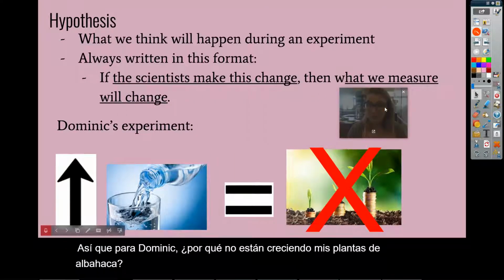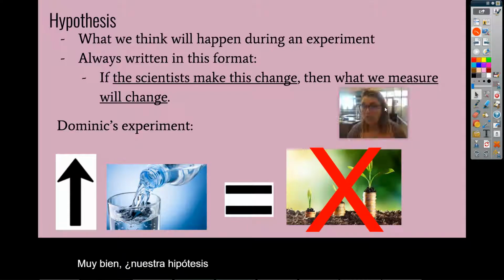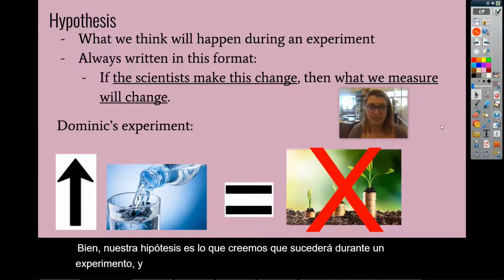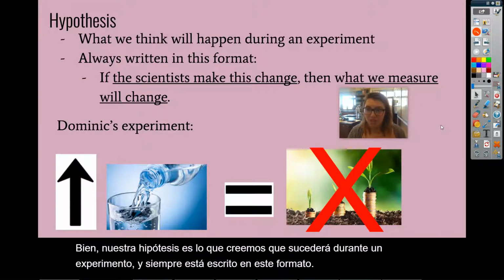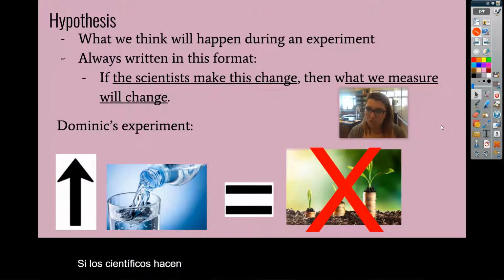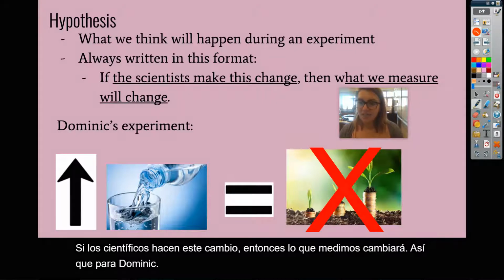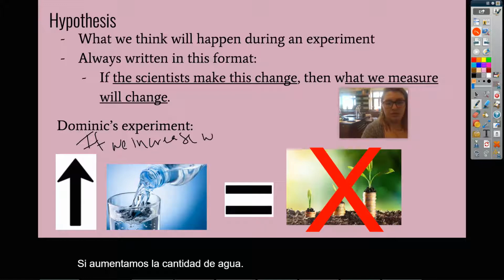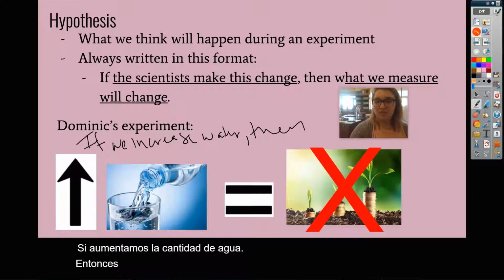All right, so a hypothesis is what we think will happen during an experiment. And it's always written in this format. If the scientists make this change, then what we measure will change. So for Dominic, he said, if we increase the amount of water, then his basil plants won't grow more.